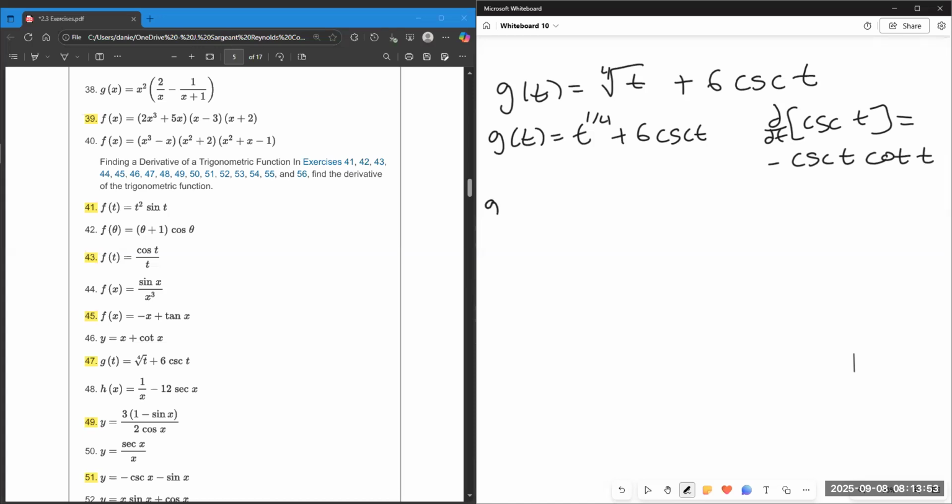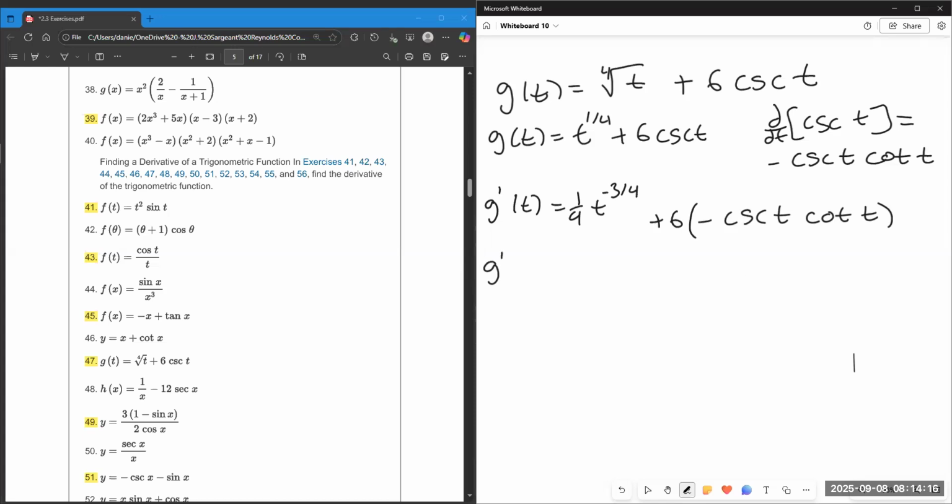So we have the power rule on the first piece. It'll be a 1/4 t to the negative 3/4 power. And we're going to have plus 6 times a negative cosecant t cotangent t.